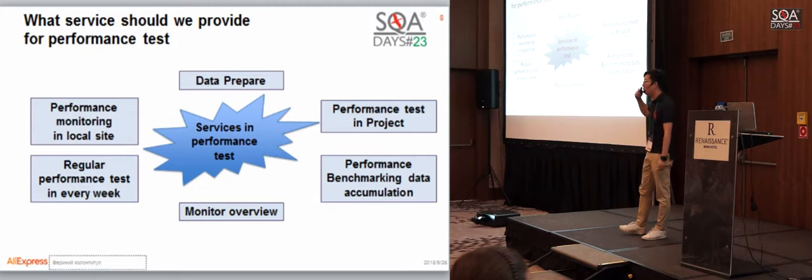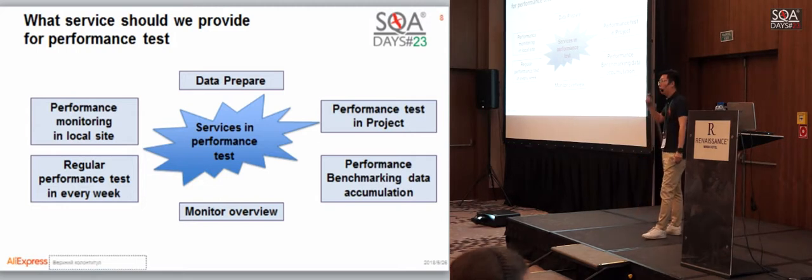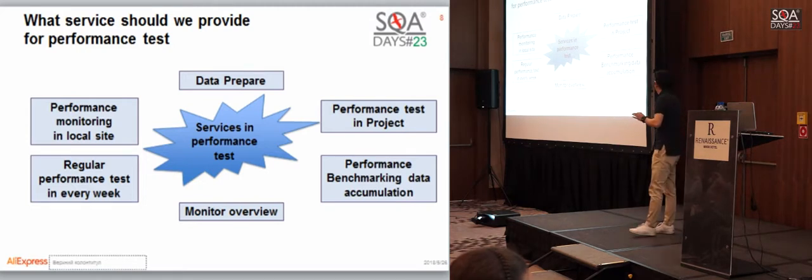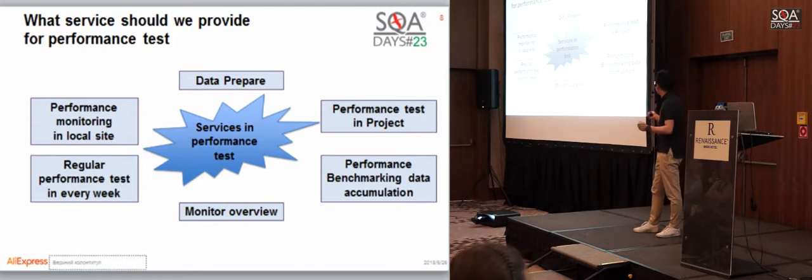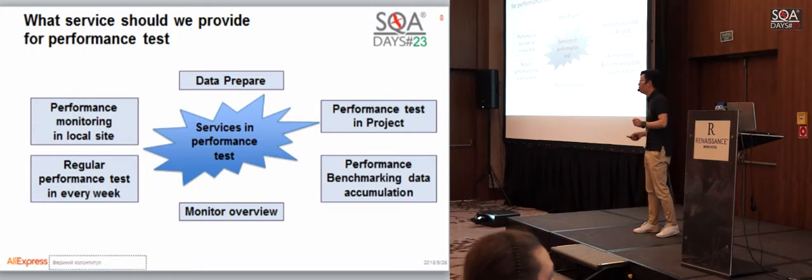When we finish our performance test, all the indicator data should be accumulated in our benchmarking. And in AliExpress, we have about 1,000 applications. All the applications need to be monitored during our performance test procedure.